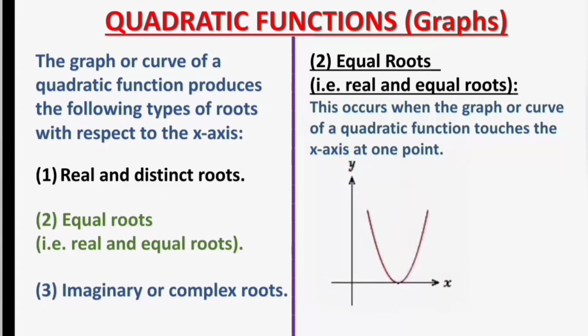You can see that the graph or the curve touches the x-axis at 1 point. We can determine that a quadratic function produces equal roots when b squared is equal to 4ac, or when b squared minus 4ac is equal to 0.